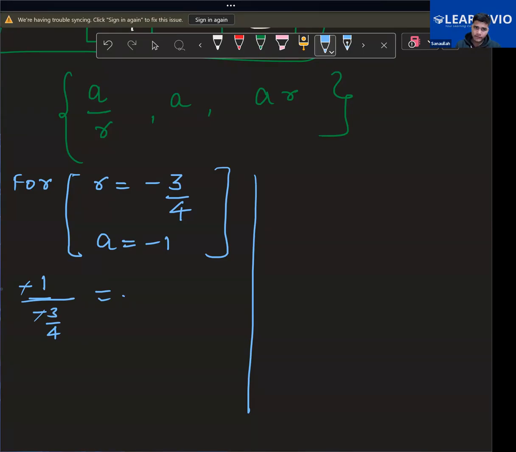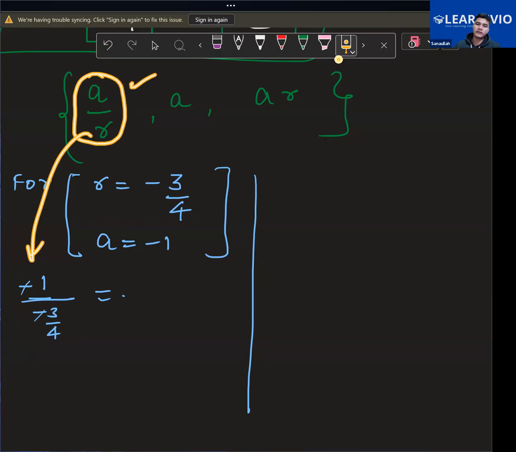I told you before, many times. I am asking what should I write here? See, this is a by r, the first term.